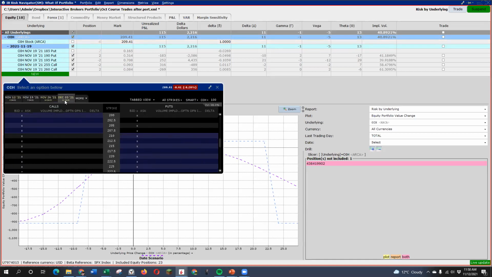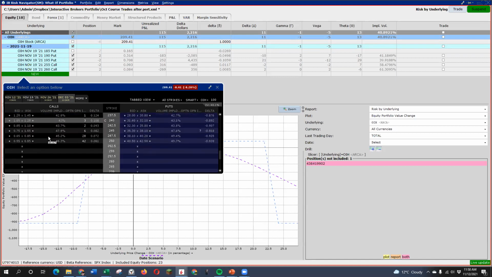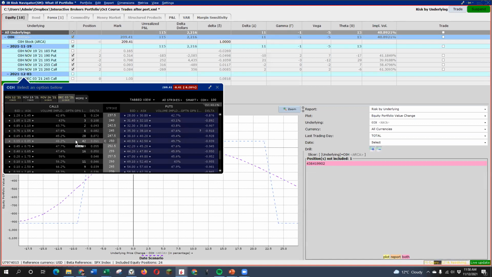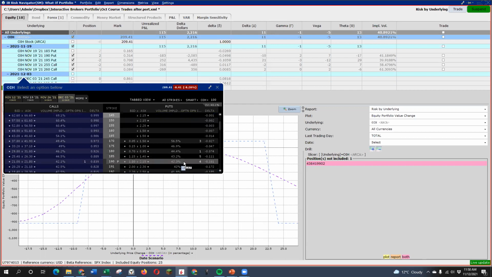So 1, 2, keep the call strikes the same, maybe 255s, only a delta 5. So I'd probably even bring the call strikes in a little bit. And then on the put side, we're going to be able to roll out a little bit as well.